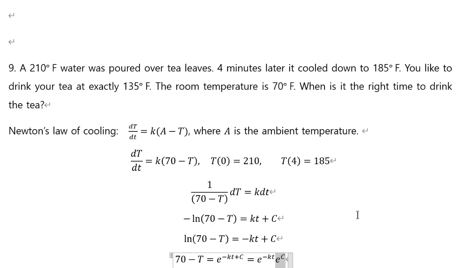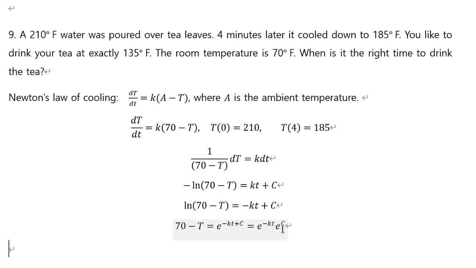And again, that trick, e to the c can be written as just some constant because c is some random constant. So we end up with 70 minus t equals c times e to the negative kt. Solve for t, which is 70 minus this thing.